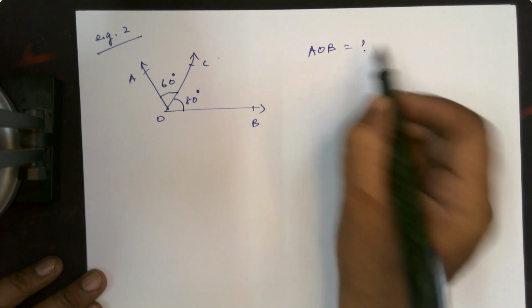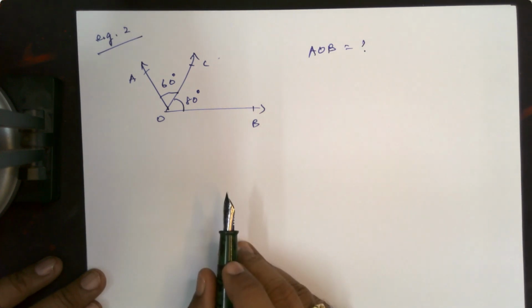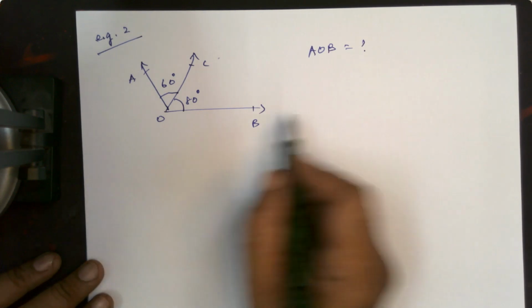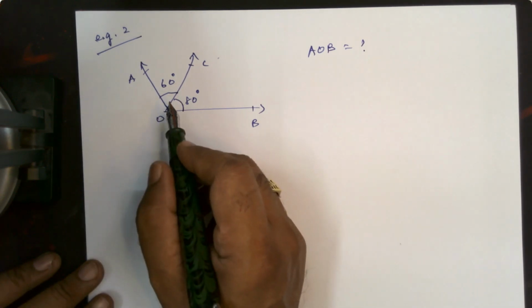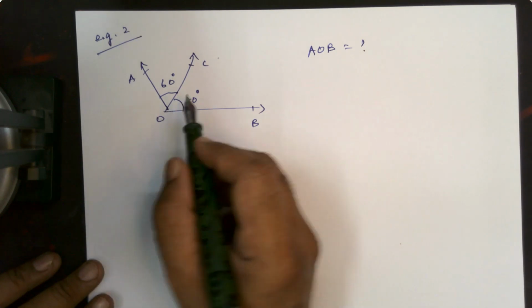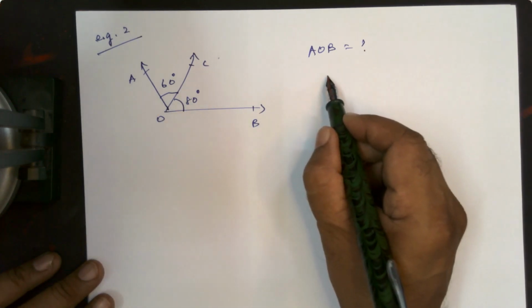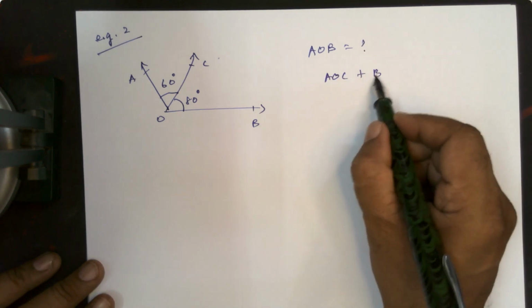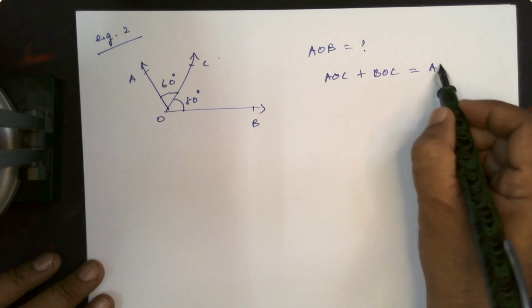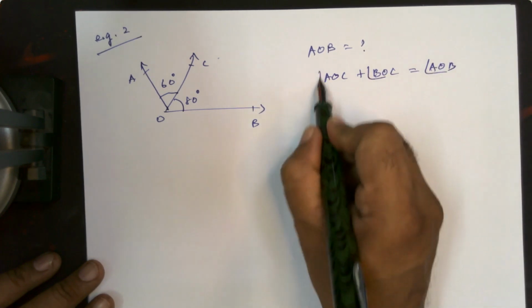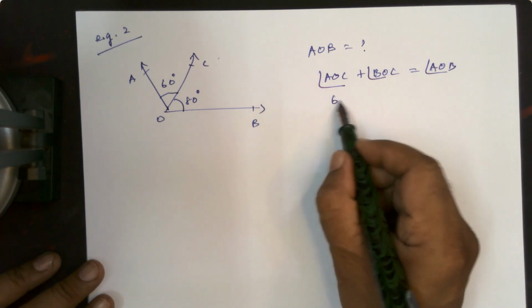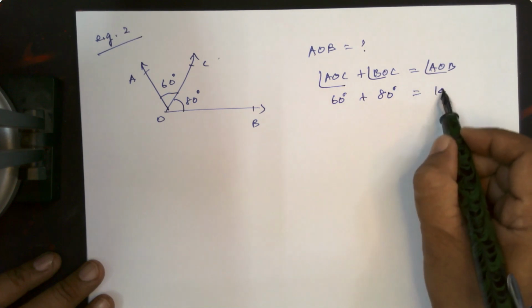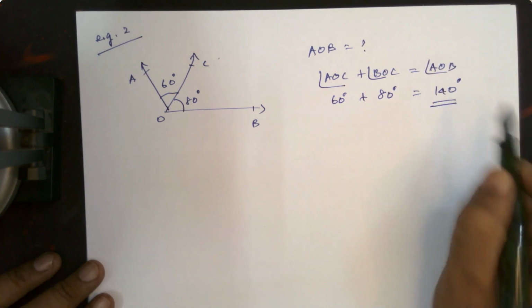Anyone? 60 plus 80, that's all, 140 degrees. Because they are linear pairs. Okay, not linear pair, adjacent angles. So AOC plus BOC is equal to AOB. AOC is given as 60 degrees, BOC 80 degrees. Therefore AOB is 140 degrees.